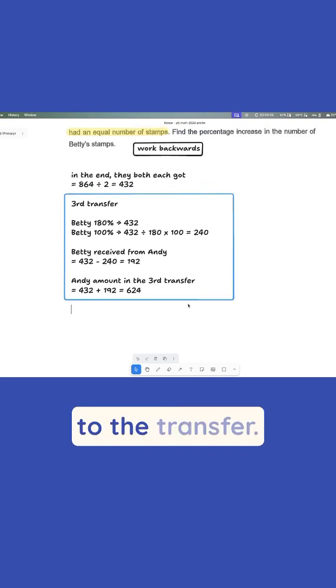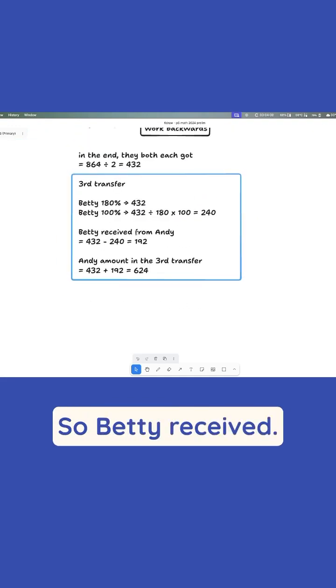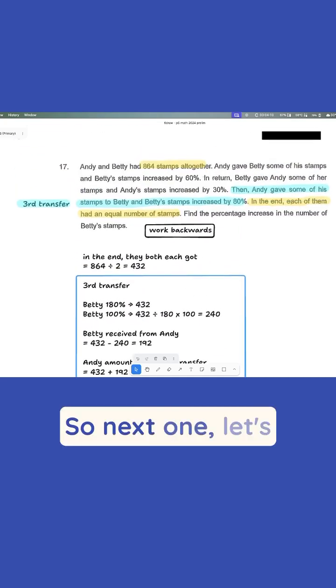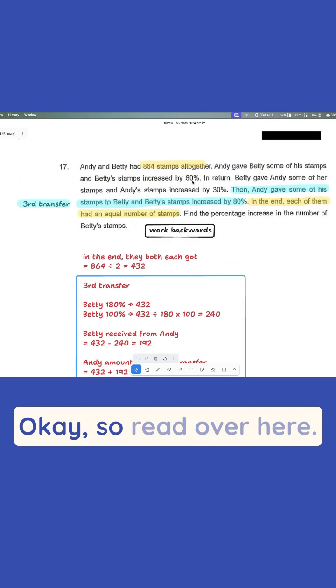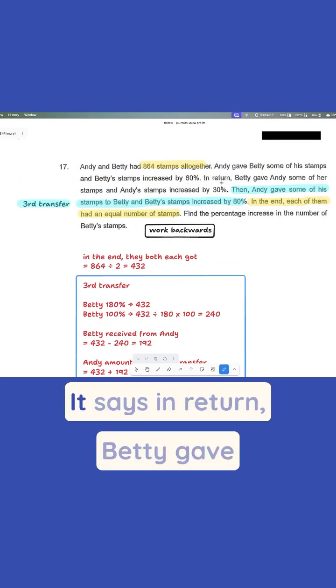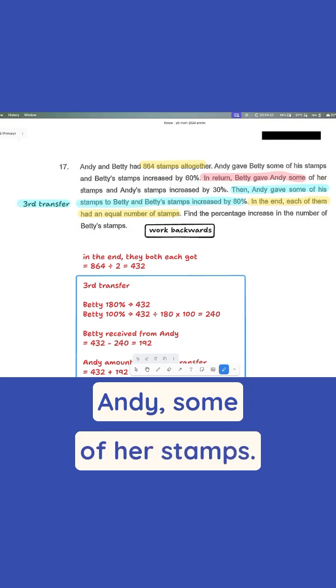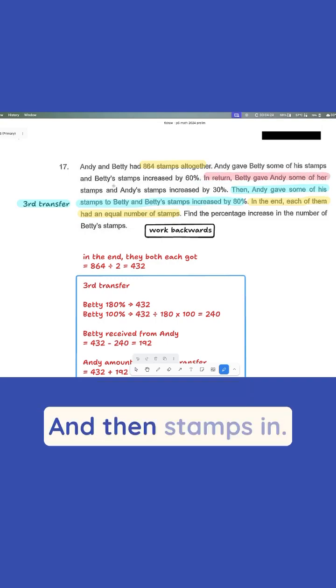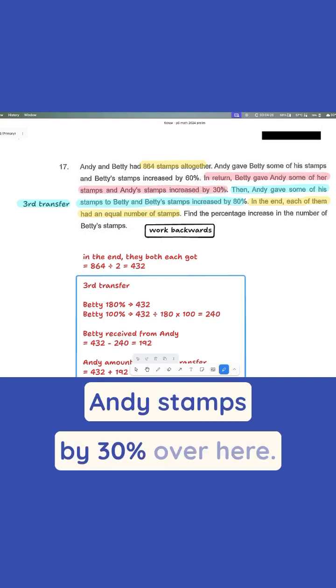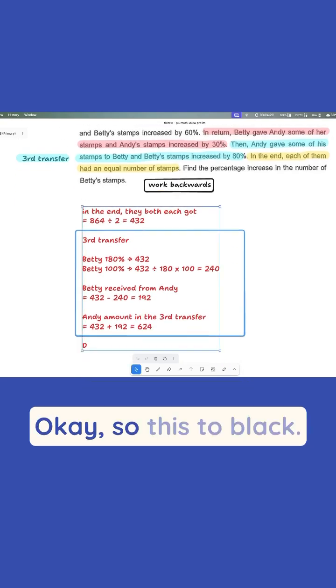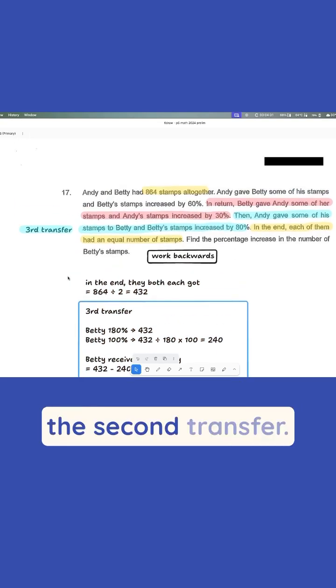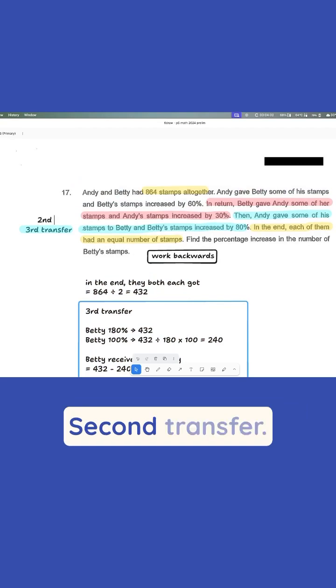Let's move on to the second transfer. Let's make it red. It says in return, Betty gave Andy some of her stamps, and Andy's stamps increased by 30%. So I'm going to put here, second transfer.